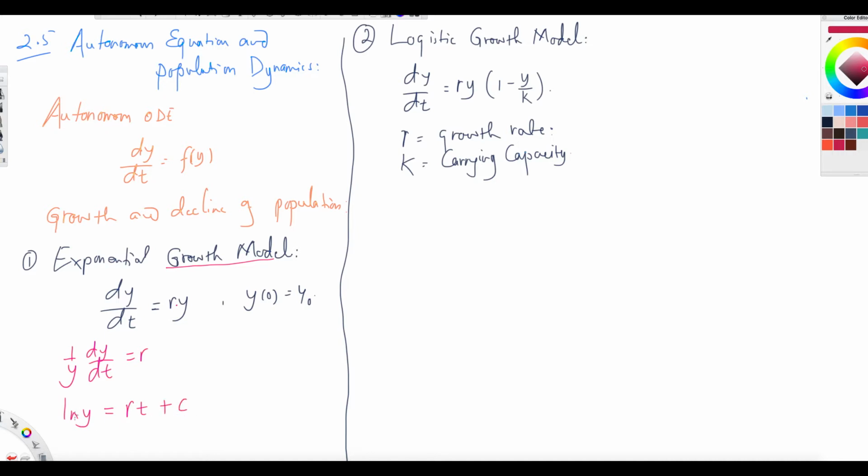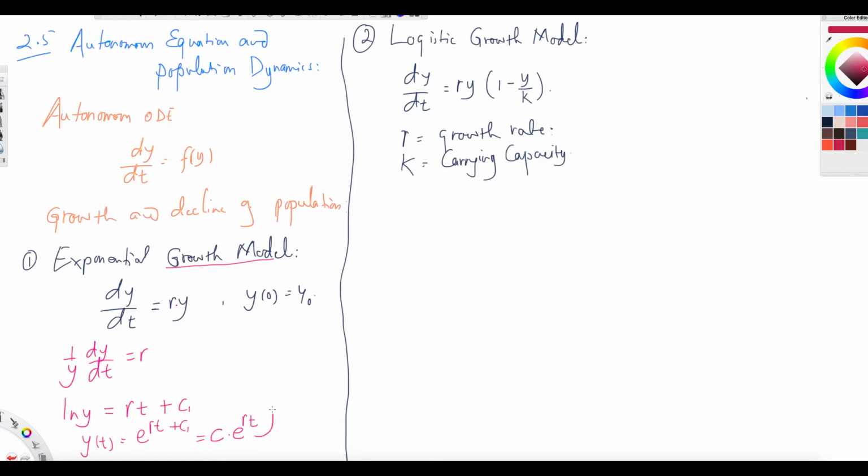Now if you want to get rid of the natural log, you will get y of t equals e to the rt plus c, and then let's write this as c1 so that it will be easy to write down. If you distribute, e to the rt times e to the c1, let's say e to the c1 is c, so c times e to the rt. So this is basically the population growth model.